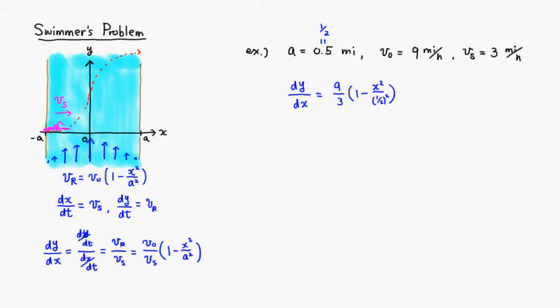We can clean it up a little bit. The 9 and 3 reduce to 3, and this is 1/4. Dividing by 1/4 is multiplying by 4. So this gives you 3 times quantity 1 minus 4x squared.